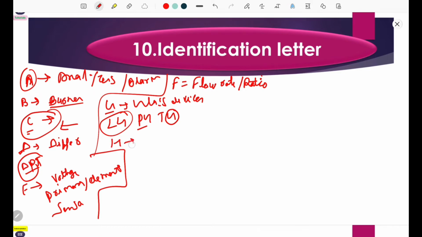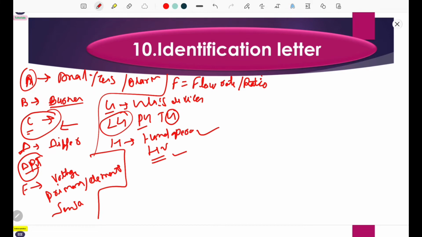H. What does the H indicate? Hand operated instrument. HV means hand valve. So if there is any hand operated instrument, then H is used.